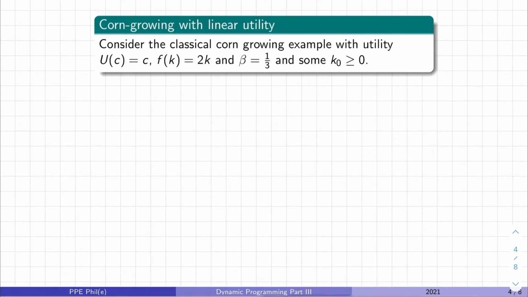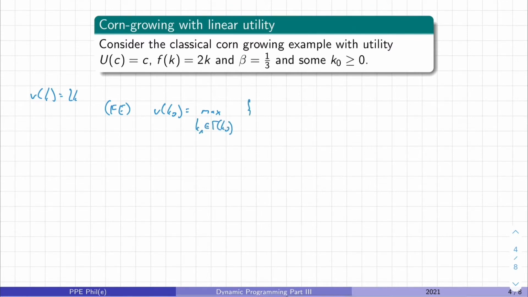If you remember, we made a guess at the value function, said, well, for whatever starting value you're given, the value of the problem is simply 2k. And we know that if this candidate is the true value function, it must satisfy the functional equation. So for our starting value k0, let's maximize: we'll choose an optimal k1 feasible from k0.